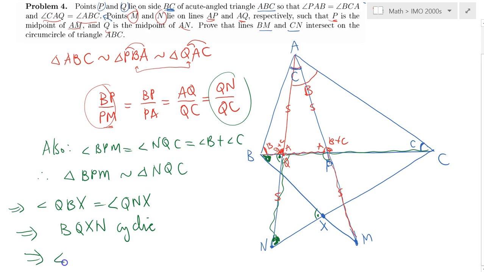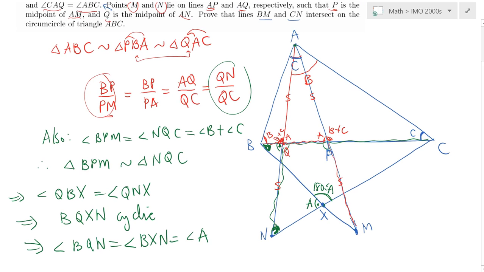So that implies that angle BQN, which is equal to angle BXN, BQN is simply angle A by vertical angles, right? So we got here an angle A, but then it means that the supplementary angle here is 180 minus angle A, and we are done, because we have just shown that two opposite angles here, at vertex A and vertex X, are supplementary. As a result, quadrilateral ABXC is cyclic, right? So that solves the problem.